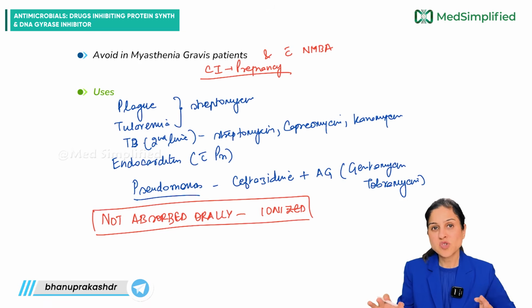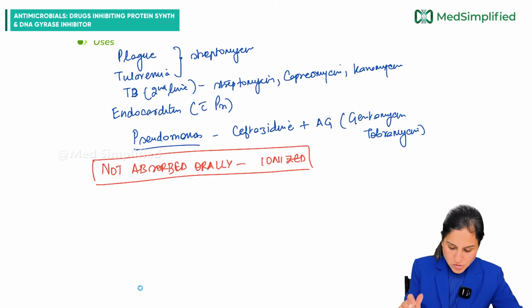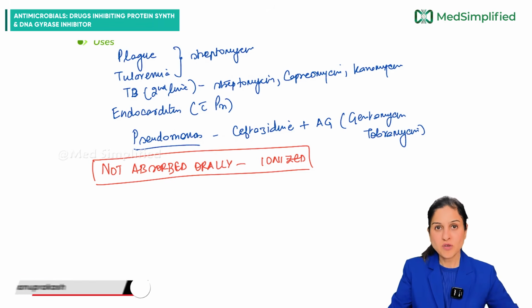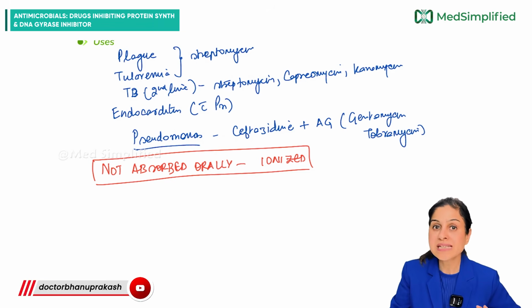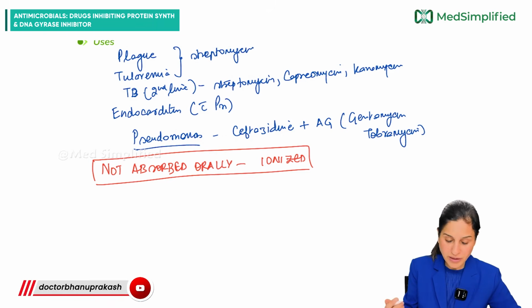So they have to be given by a parenteral route like intramuscular. So can we still use them by the oral route? Yes, if you only want the local action, you can still use them by the oral route.